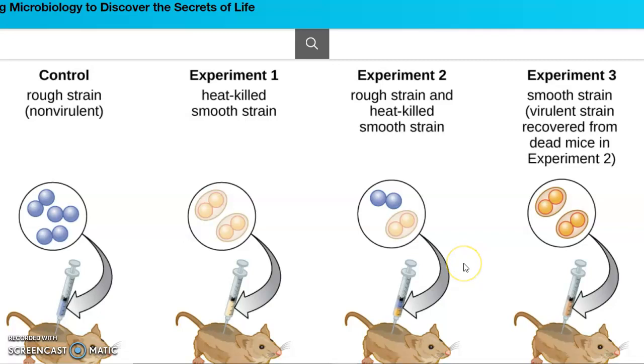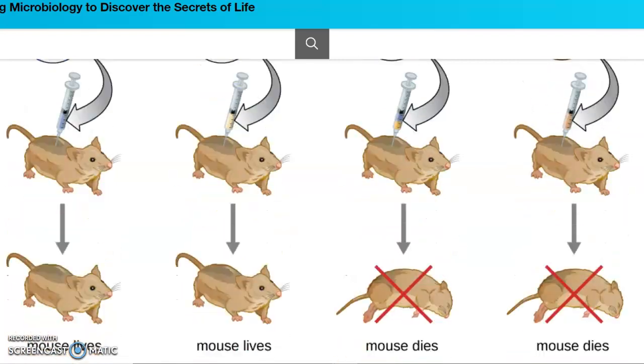It was non-virulent, and he injected it into mice. Then his first experimental group had heat-killed smooth strain. In experiment 2, he had rough strain along with the heat-killed smooth strain. And in experiment 3, he had the smooth strain recovered from experiment 2.